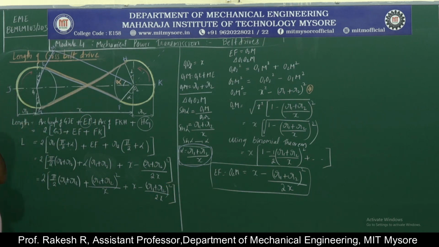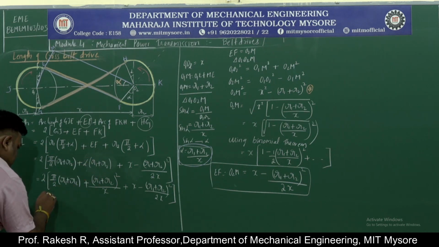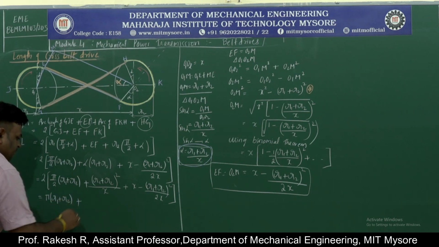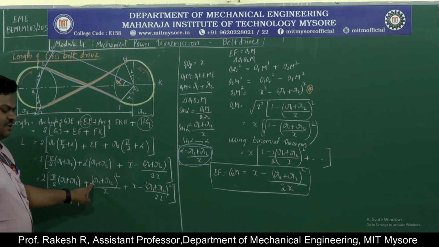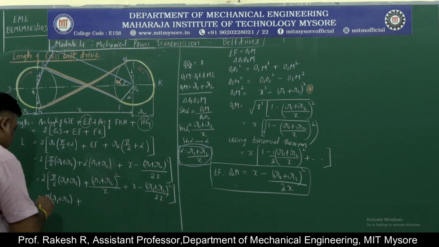Then what I will be doing? I will be taking the common. If I multiply with 2, this is pi into (R1 plus R2) plus, again here 2 goes here. Let it be 2 outside only.